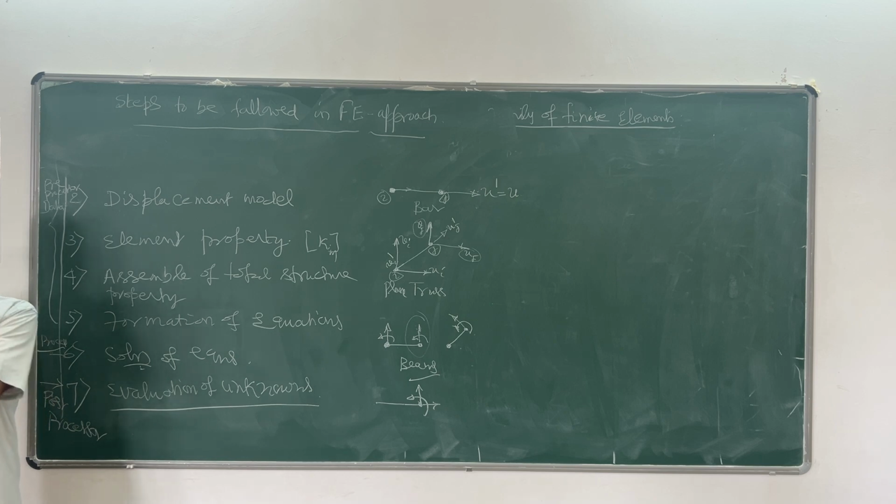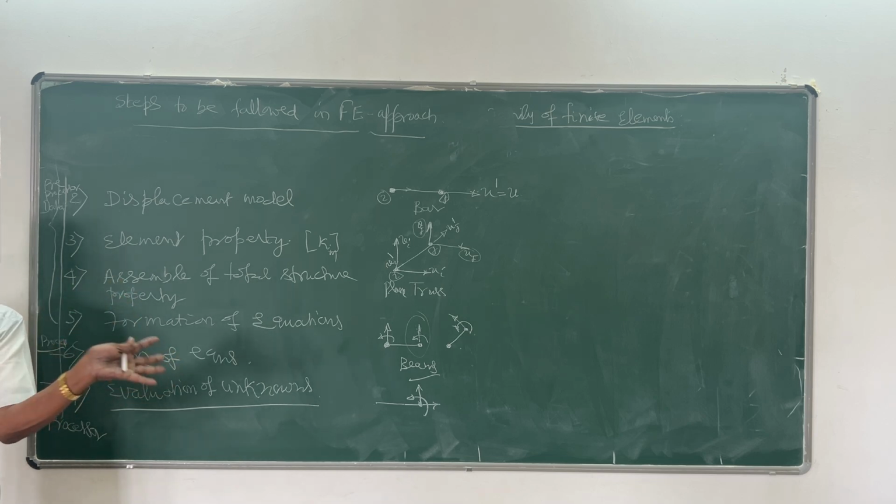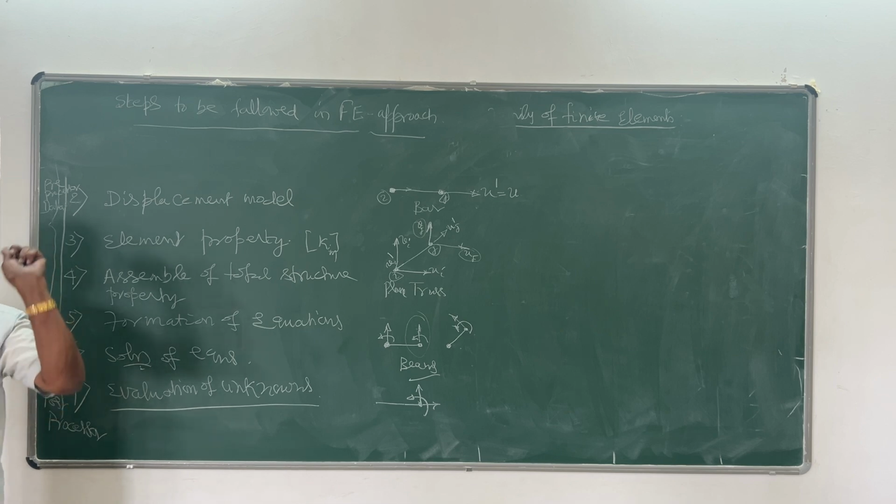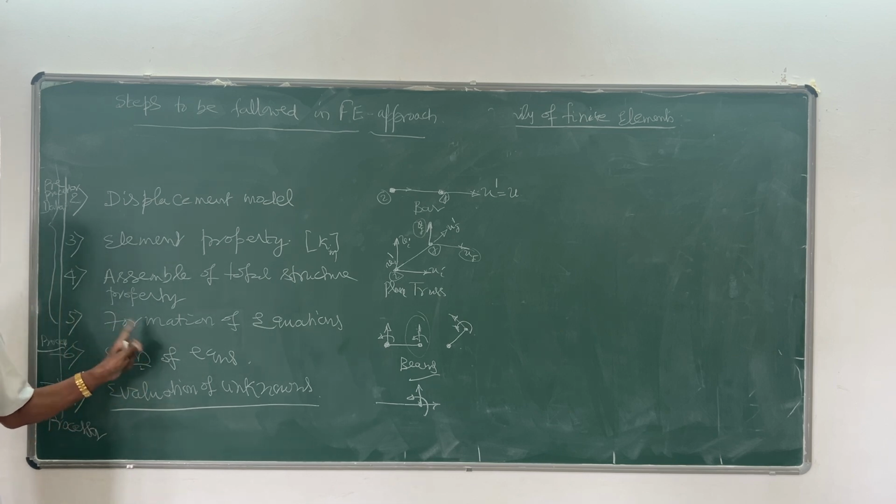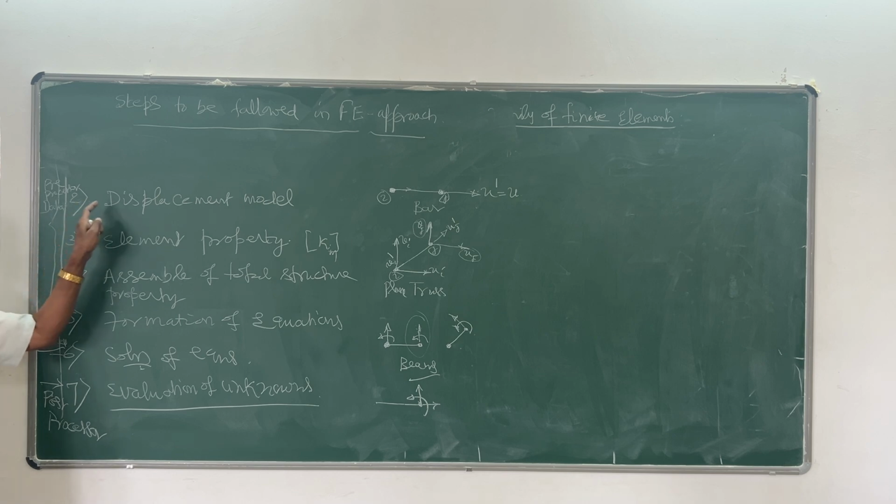Whatever the left hand moves, the same amount the right hand also should move. That is rigid body motion. There won't be any contraction or elongation resulting. That is the primary criterion to be satisfied while choosing the displacement model: rigid body motion, constant state of strain, continuous state of, that I will tell immediately.